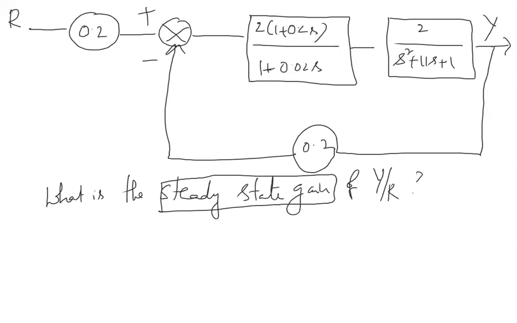If you give a unit change to the system, how many units the system will gain is the steady state gain. This is a property of the system.